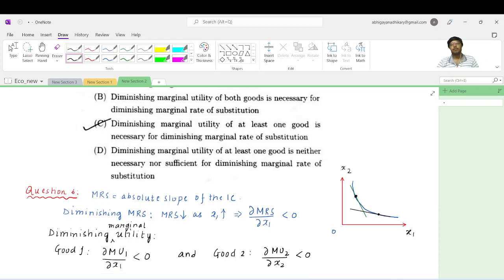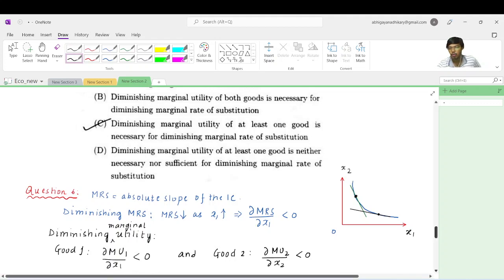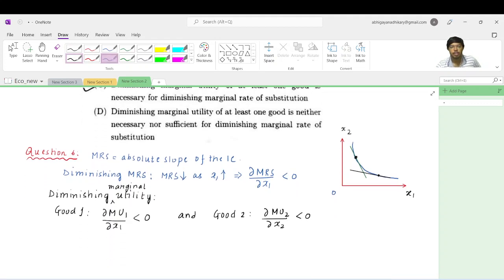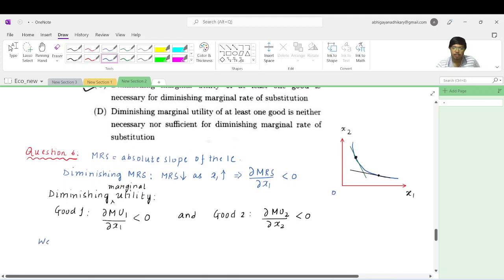Now essentially the four options talk of some kind of a connection between these two. We know one thing for sure: the definition of MRS is mu1 by mu2, right?